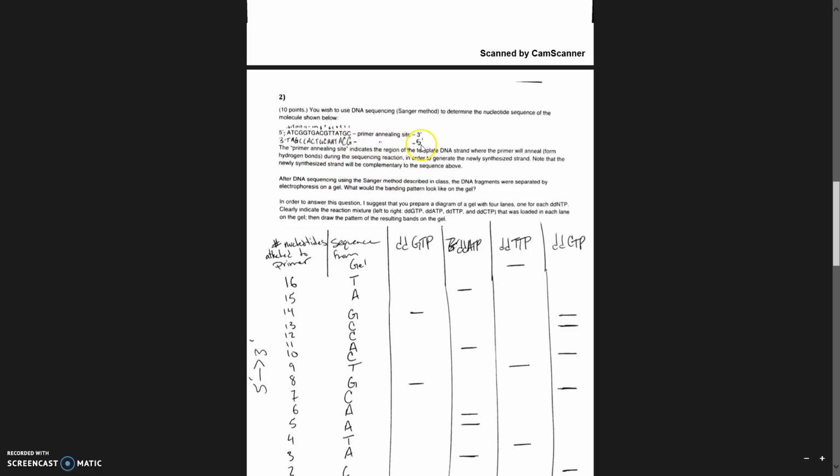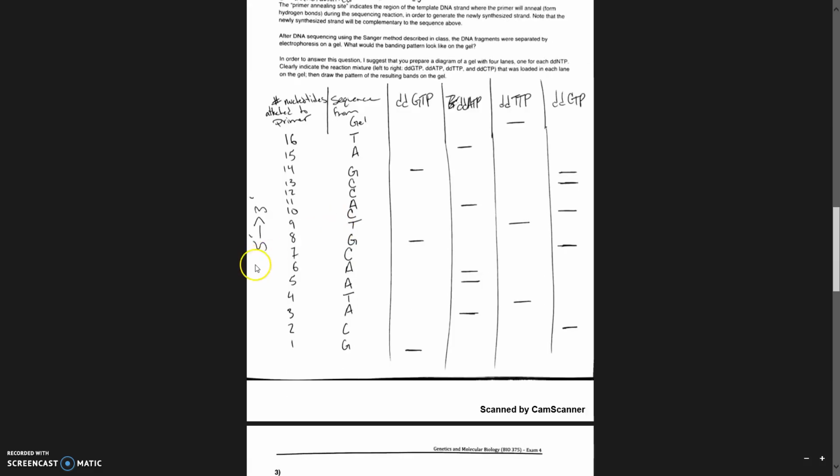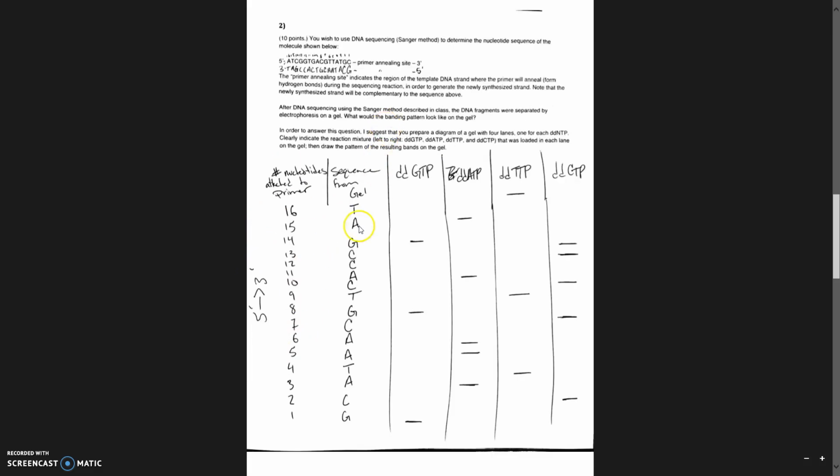It's going to anneal in the 5' to 3', and we're just going to have our newly synthesized strand with the matching sequences for the G, C, T, and A, and so on and so forth as we go through here. So this one happens to have 16 nucleotides attached to the primer. So I just listed those in the 5' to 3' from 1 to 16 here, just as listed above.